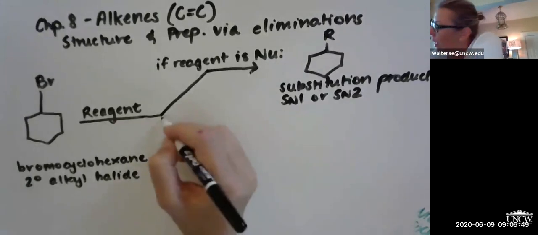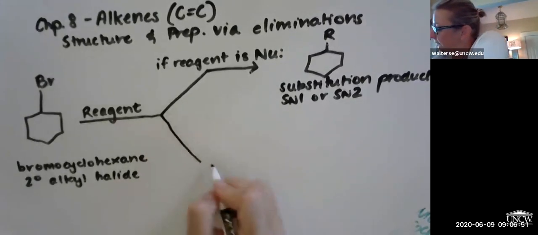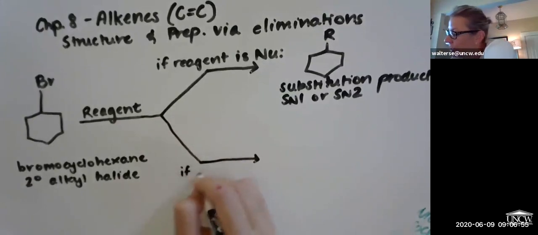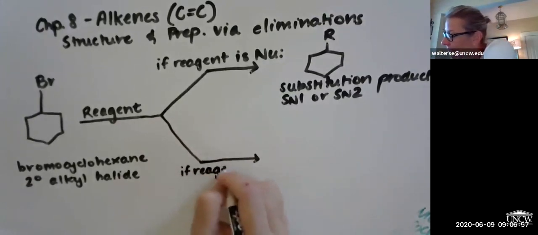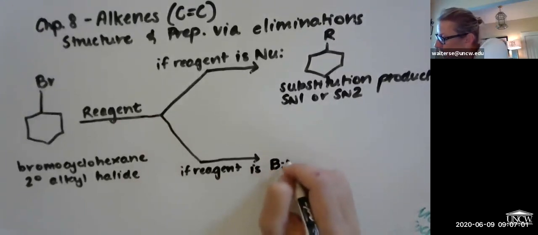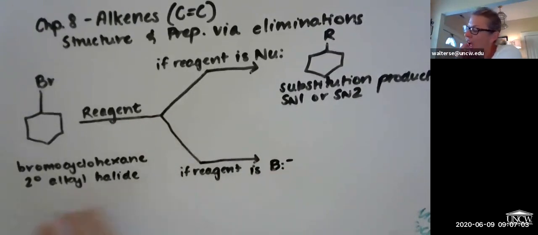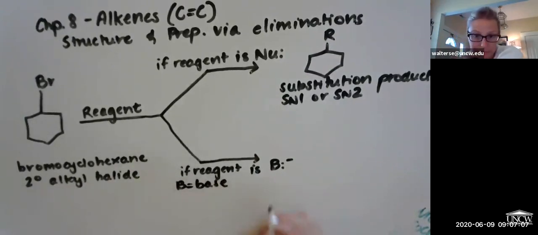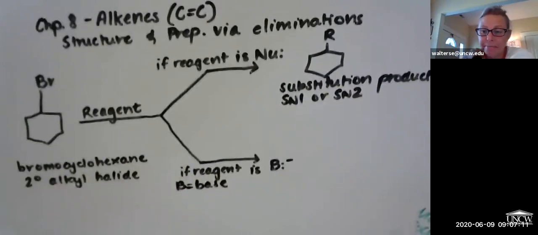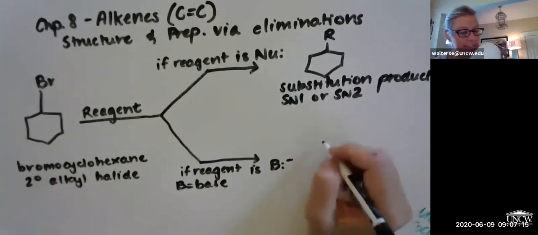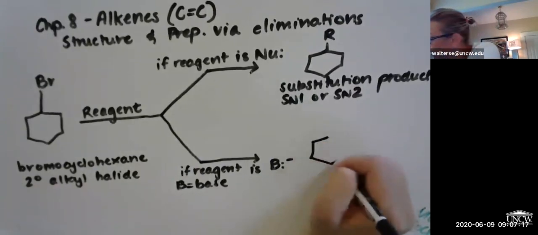Okay, if instead the reagent is a base, and for base, we're just going to write B. Okay, so B is base, not boron. If the reagent acts as a base, then what you're going to get is an elimination product.